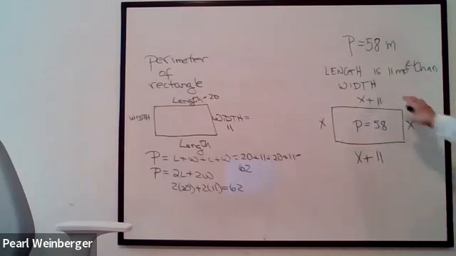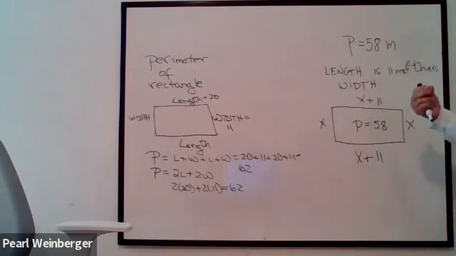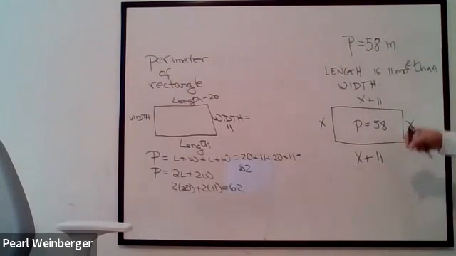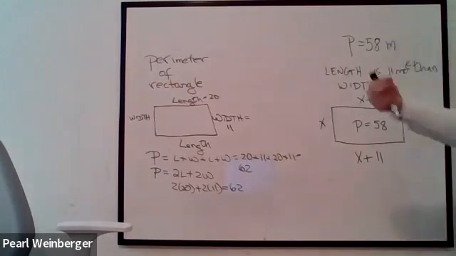So I've expressed all 4 sides of this rectangle in terms of X. Our X is our width, and we're calling the length X plus 11. Remember, more than means plus 11.